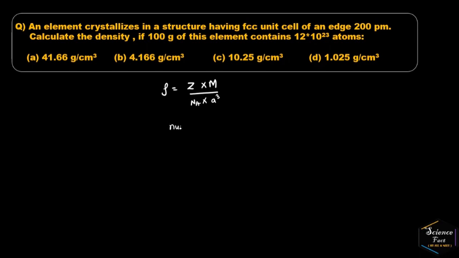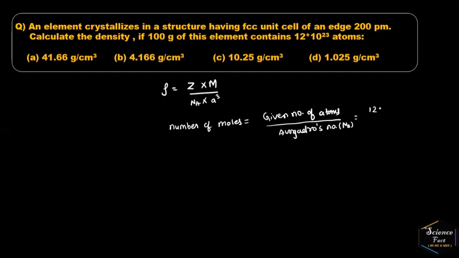Since number of moles is equal to given number of atoms divided by Avogadro number, that is N A. Given number of atoms is 12 into 10 raised to the power 23, and Avogadro number is 6.022 into 10 raised to the power 23.